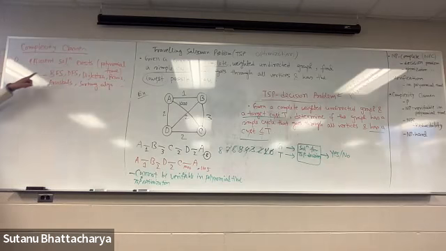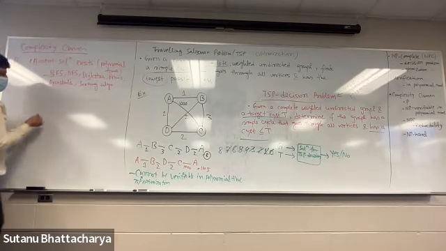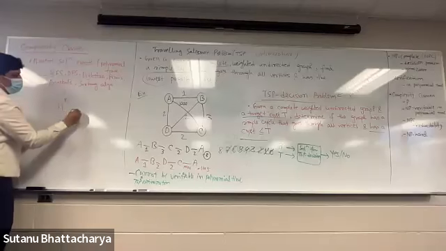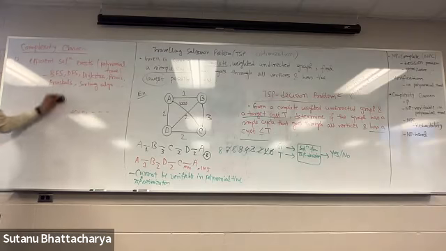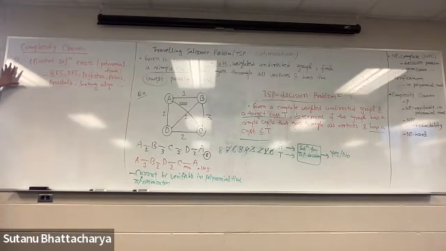Efficient means polynomial time. Again, polynomial means the form should be n to the power k, where k is some value from 0 to any value: n, n squared, n cubed, n to the 4, n to the 5, anything. That is polynomial. So this is class P. It's very easy. You all know what comes under class P.